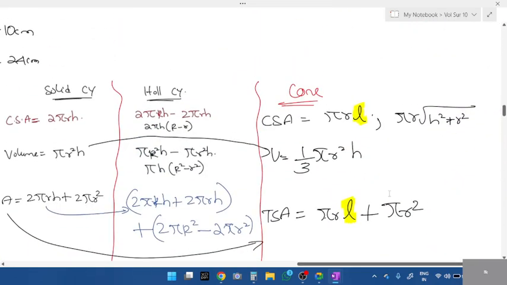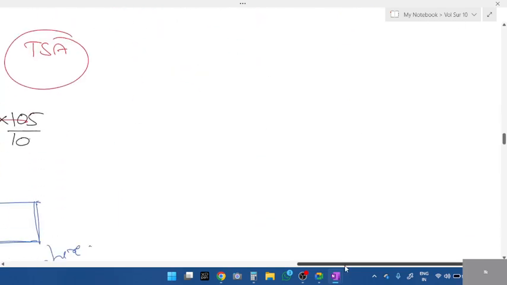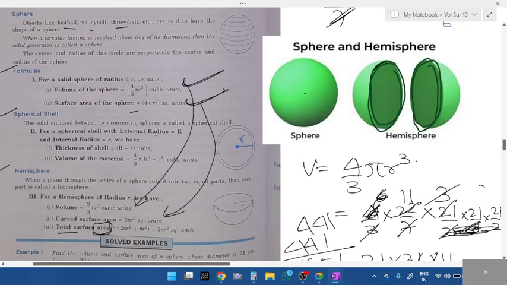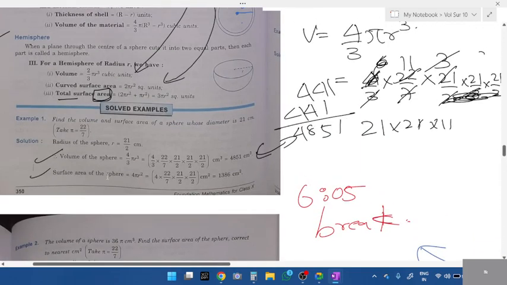Where did I write it? Here. I have written cone. Next to that, write sphere, students. Write all four and study it together, volume, so that you don't get confused. 4 by 3 pi r cube. Is the first one clear? All of you understood the first one?